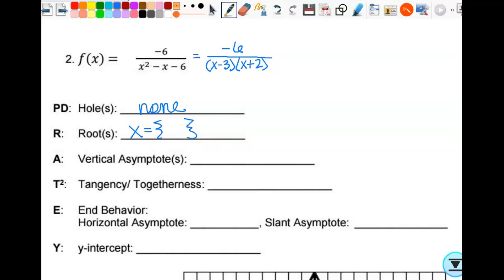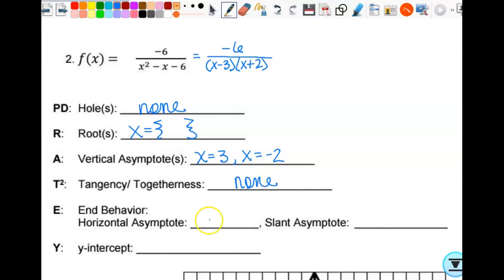How many vertical asymptotes do I have? 2. Do I write them as a set of numbers? No, because they are lines. You write them as equations of lines. X equals 3, comma, X equals -2. Do I have any tangents here or togetherness? No. Do I have a horizontal asymptote? 0.